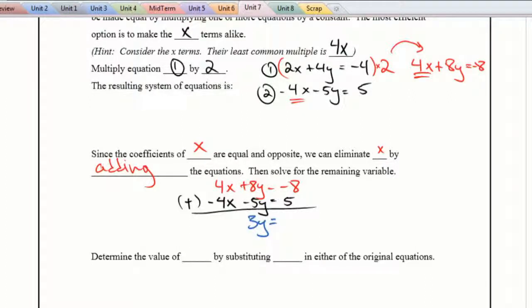And then negative 8 plus 5 gives me negative 3. I have 3y is equal to negative 3. I'm going to divide both sides by 3, and I'm going to end up with y is equal to negative 1.